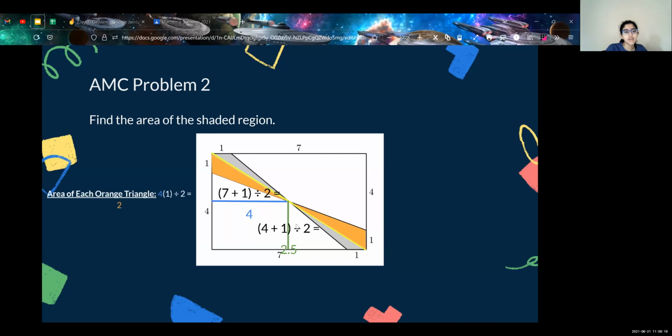So the area of each of the orange triangles would be the height multiplied by the base divided by 2, and then multiplied by 2, because there are two triangles, right? So we do 4 times 1 divided by 2, and we get 2 as the area of each orange triangle, and then 2 multiplied by 2 triangles is equal to 4, right?